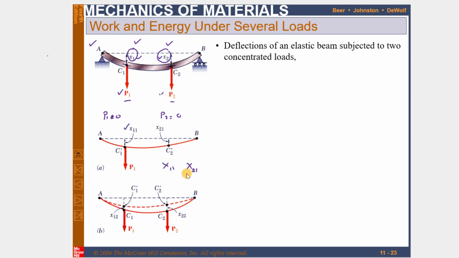The first subscript shows the position. For example, x1 is this position and x2 is this position, and the second subscript shows the load. So the deflection at point 1 or C1 due to load P1 is x11, and the deflection at point 2 due to load 1 is x21.